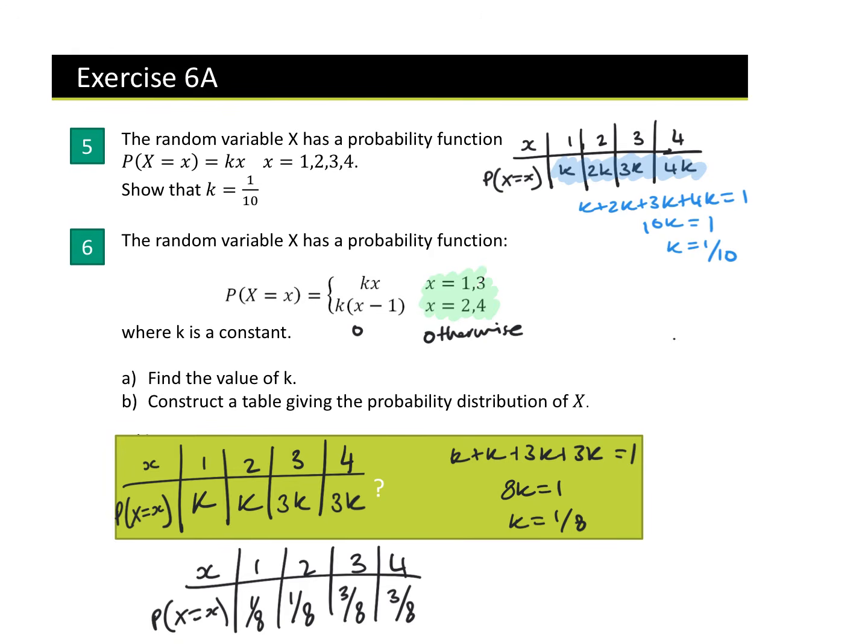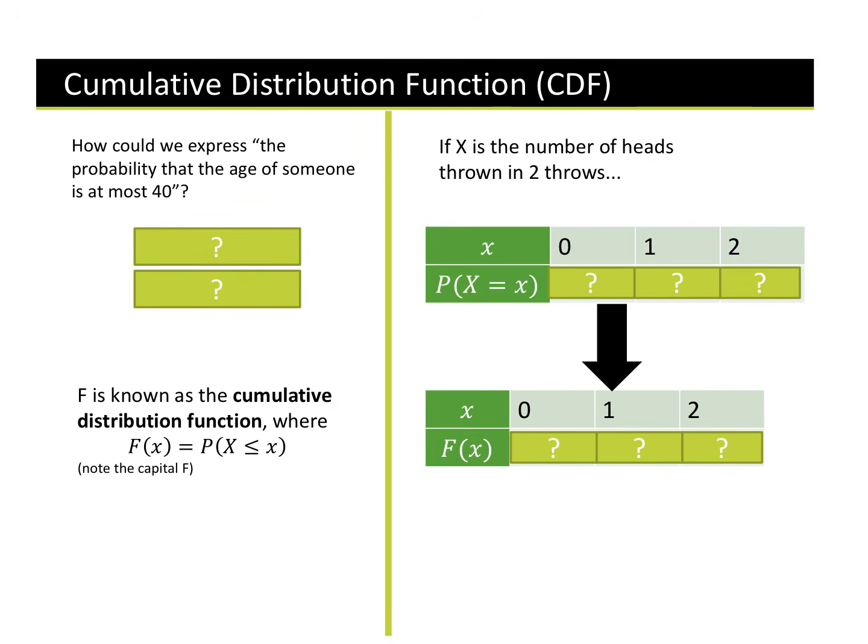I know I'm right. The cumulative distribution function. Okay, this is basically cumulative frequency. So if we were to express the probability that the age of someone is at most 40, we're pretty much saying if they're at most 40, anyone older than 40, we don't want to know. We could write that as the probability of the age being less than or equal to 40, because this means the probability is at most 40, okay?